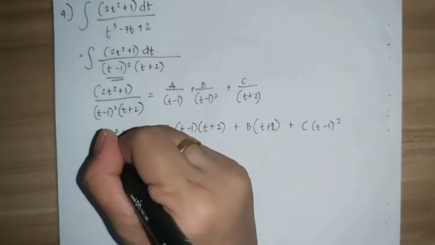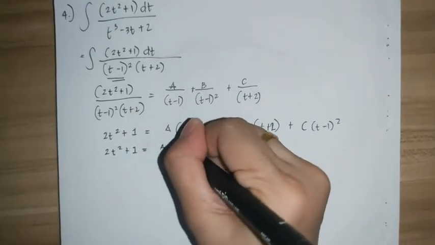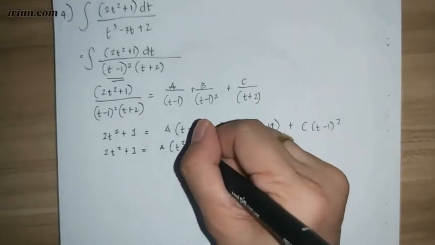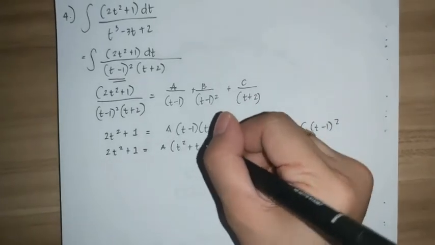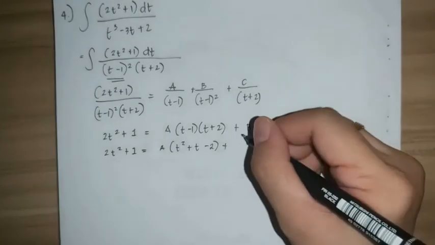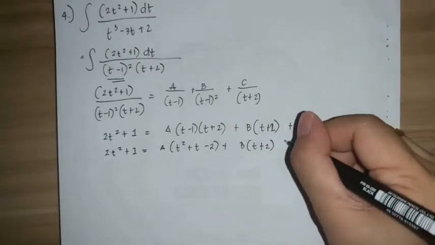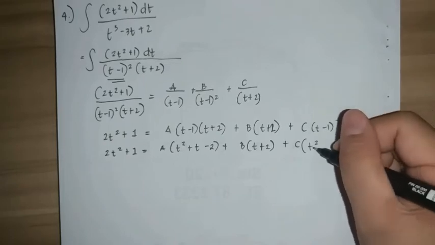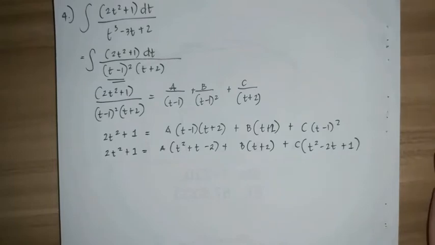So we have 2t squared plus 1 is equal to a times t squared, plus t, plus minus 2, minus 2 plus bt, b plus, times t plus 2, plus this one, we'll expand, t squared minus 2t plus 1, right?